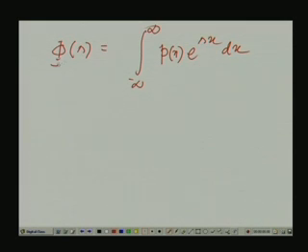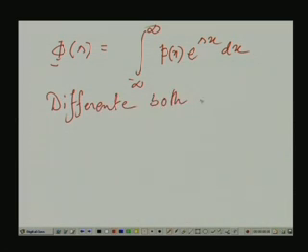If I differentiate both sides with respect to s, n times, what happens?